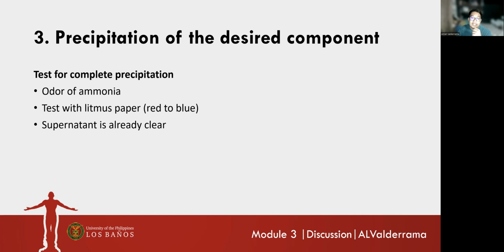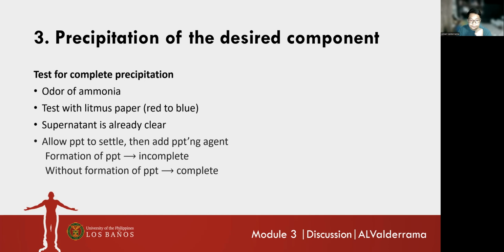Or if the supernatant is already clear as you add your ammonia. So allow the precipitate to settle, then add precipitating agent. If there is a formation of precipitate, ibig sabihin, incomplete pa yung precipitation natin. But if there is no formation of precipitate as you add the precipitating agent, hence the precipitation is already complete.